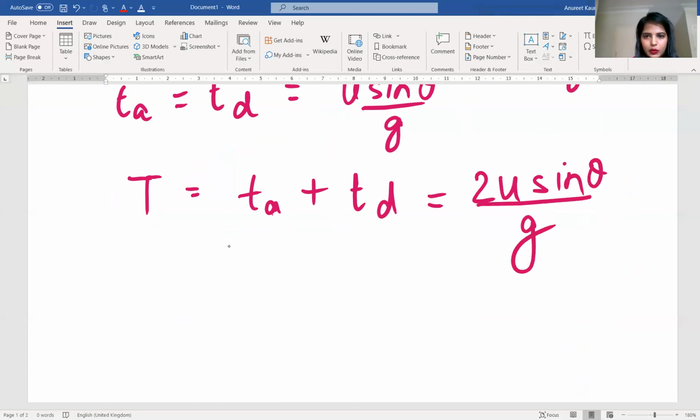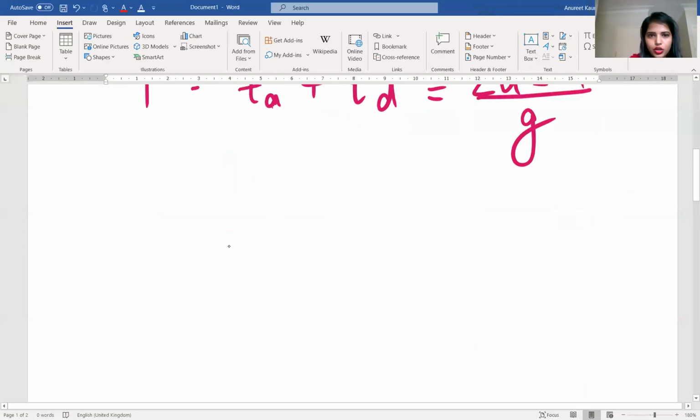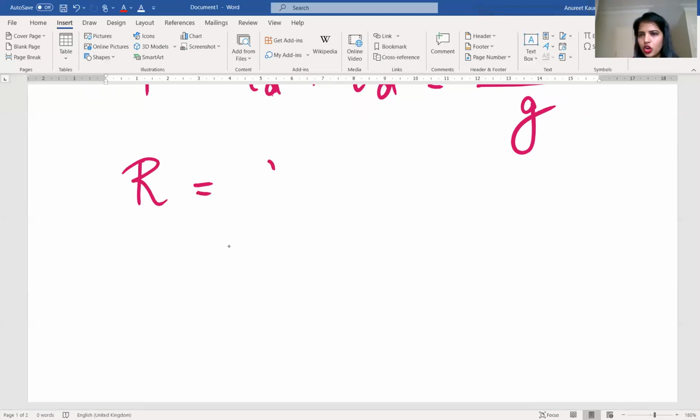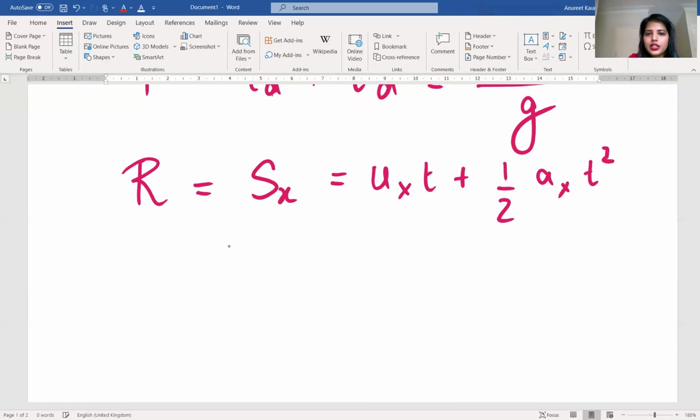Okay, now the last part of angular projectile motion is how to find the horizontal range. Horizontal range is nothing but my horizontal component of displacement, which equals uxt plus half axt squared. So range equals, what was my ux? Isn't it u cos theta times time of flight?